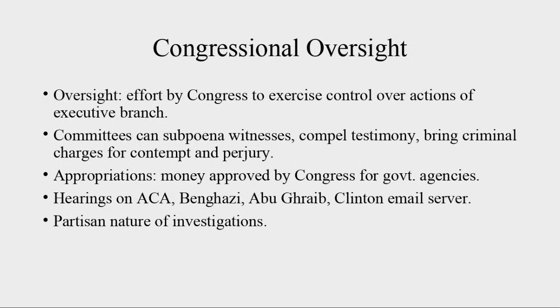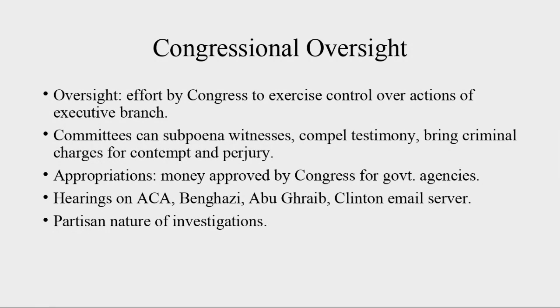Congress, in addition to legislation, does have some ability to try and take action against the executive branch. If the head of an agency is not doing their job, they can take a look at that. And the various committees can subpoena witnesses and compel testimony, and they can bring criminal charges.